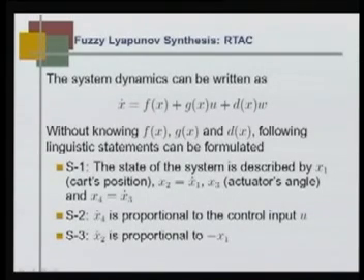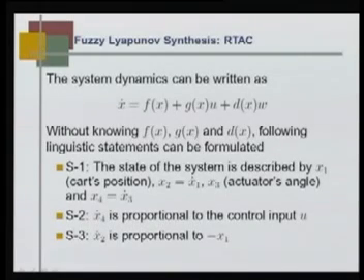So, for the Fuzzy Lyapunov synthesis of R-TAG, the system dynamics can be written as x dot is f(x) plus g(x)u plus d(x)w. Without knowing f(x), g(x) and d(x), the following linguistic statements can be formulated.